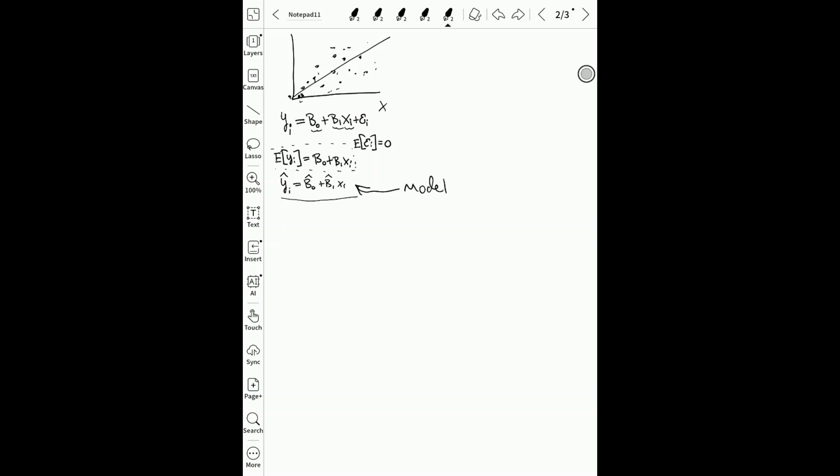And when we do that, we're going to have that there's some true y-ith value that I might as well just draw.